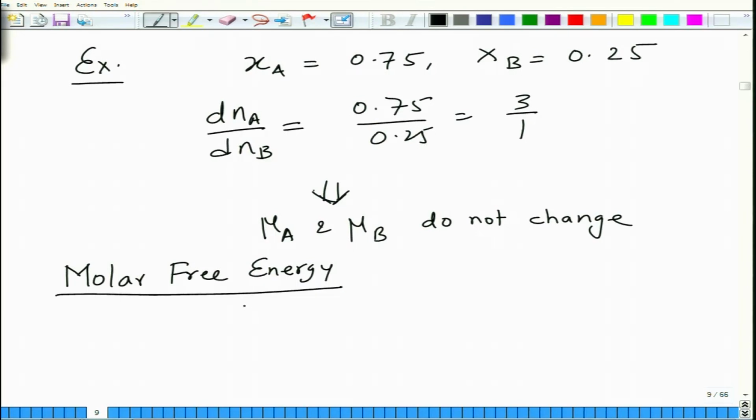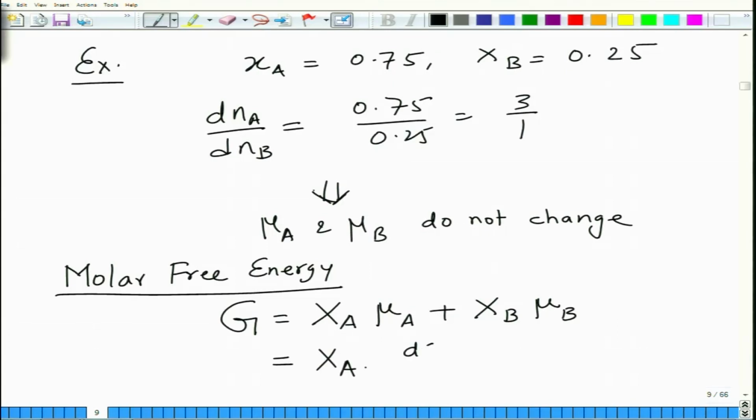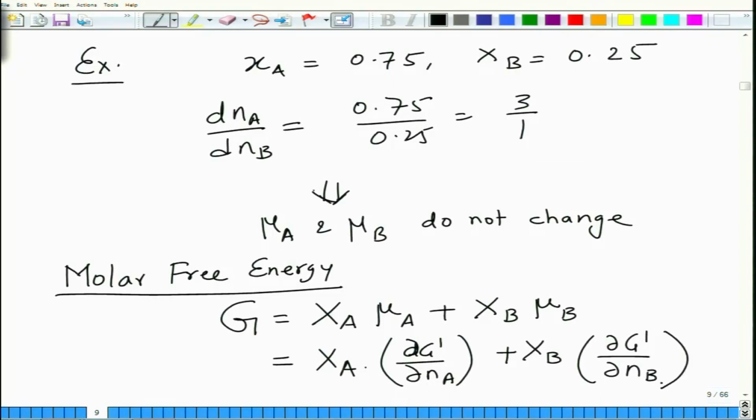The molar free energy can be written in this case as XA mu A plus XB mu B, and this is equal to XA into del G prime by del NA plus XB into del G prime by del NB.